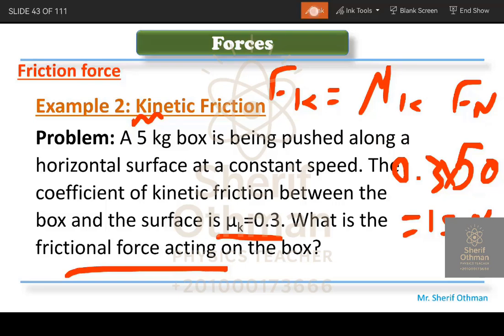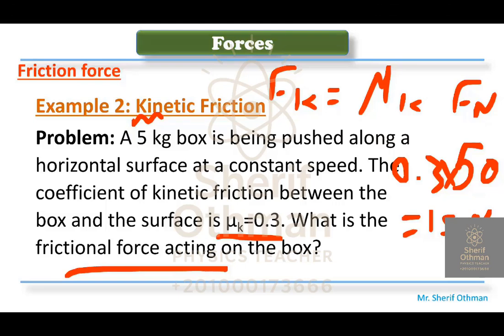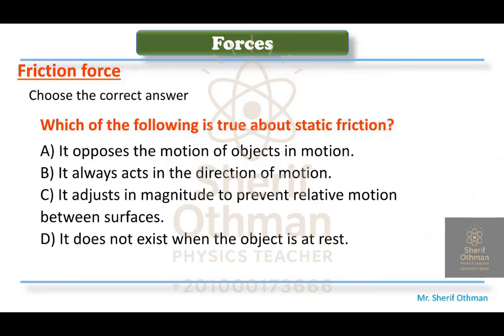Which of the following is true about static friction? It adjusts in magnitude to prevent relative motion between surfaces.